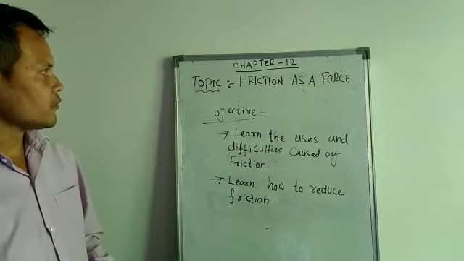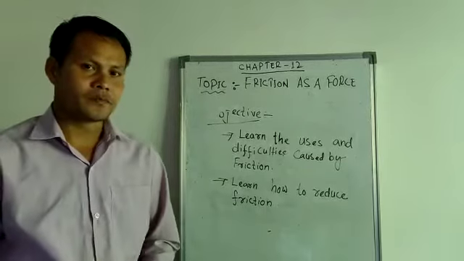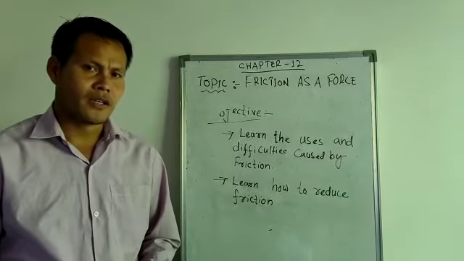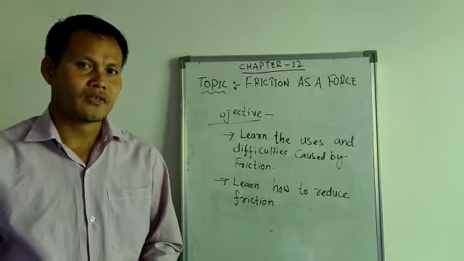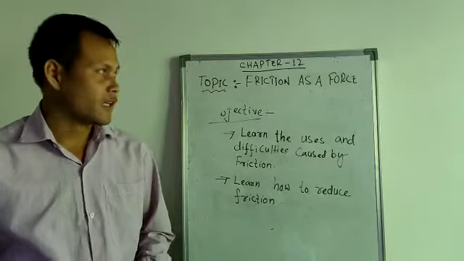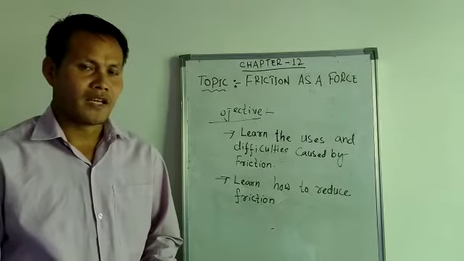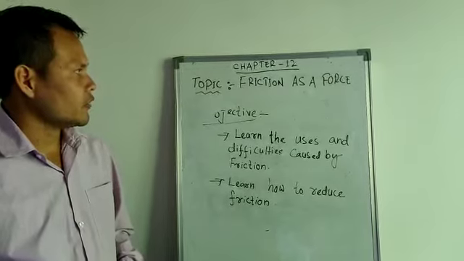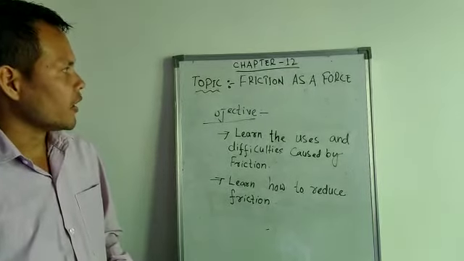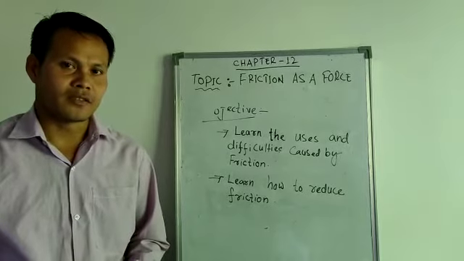Before moving deeper into the chapter, let me tell you that in the last video, we learned different kinds of forces, and one among them was frictional force. I also mentioned that frictional force always acts opposite to the direction of the moving object.